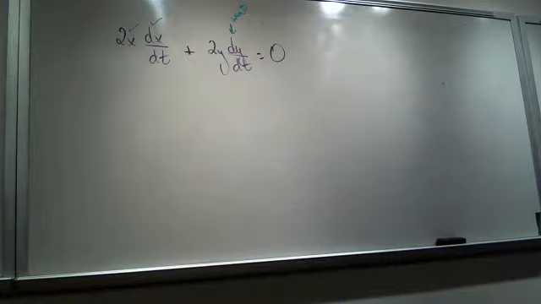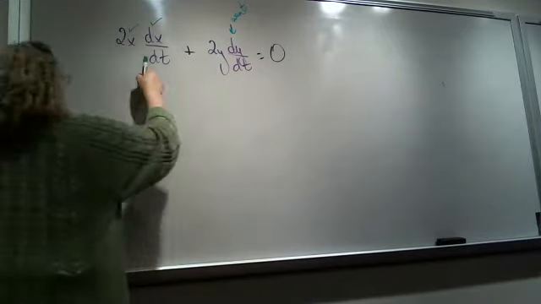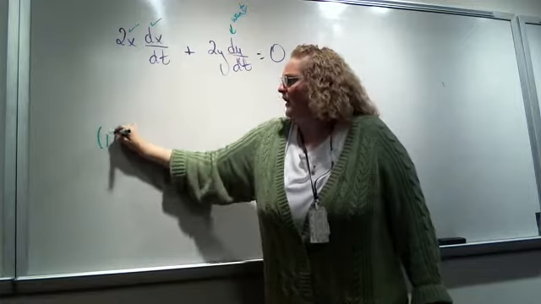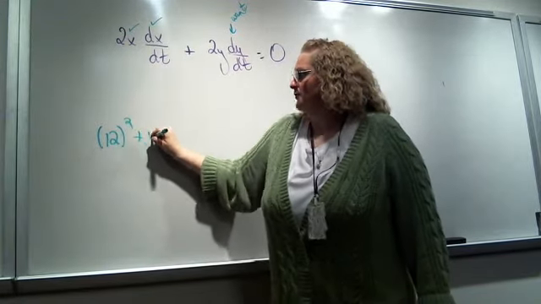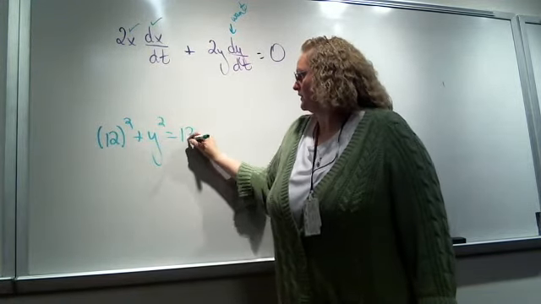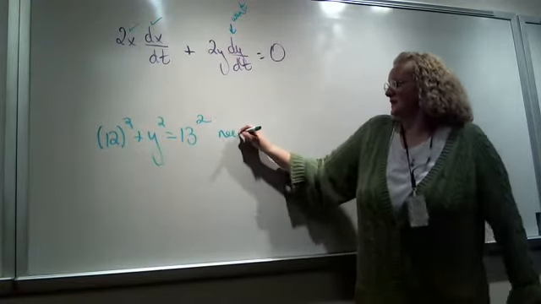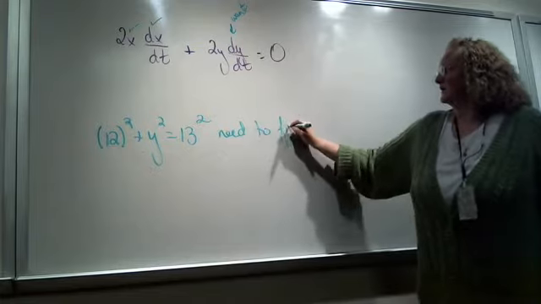So now I can use the original equation and be able to find out what y is to get dy dt. So from here, we have to go back and use 12 squared plus y squared is 13 squared, okay? We need this to find y.